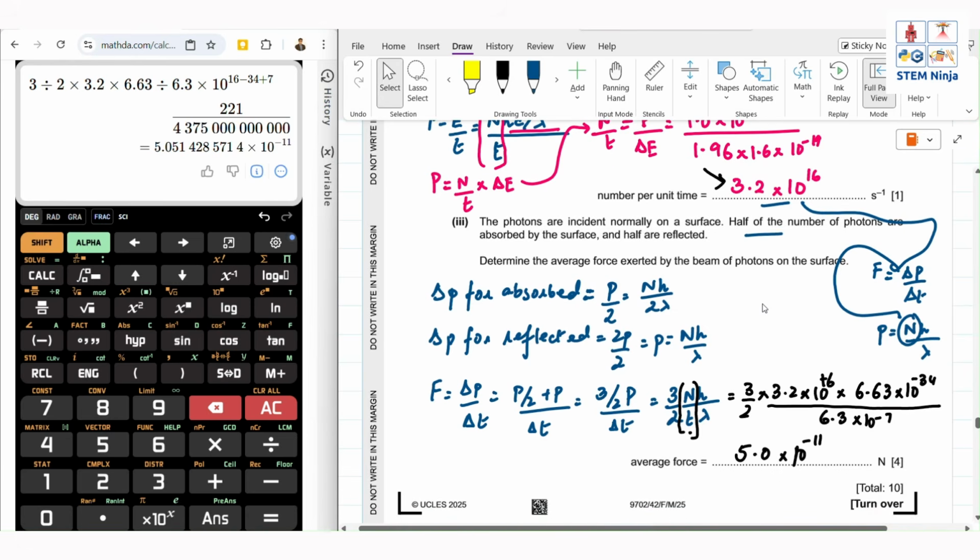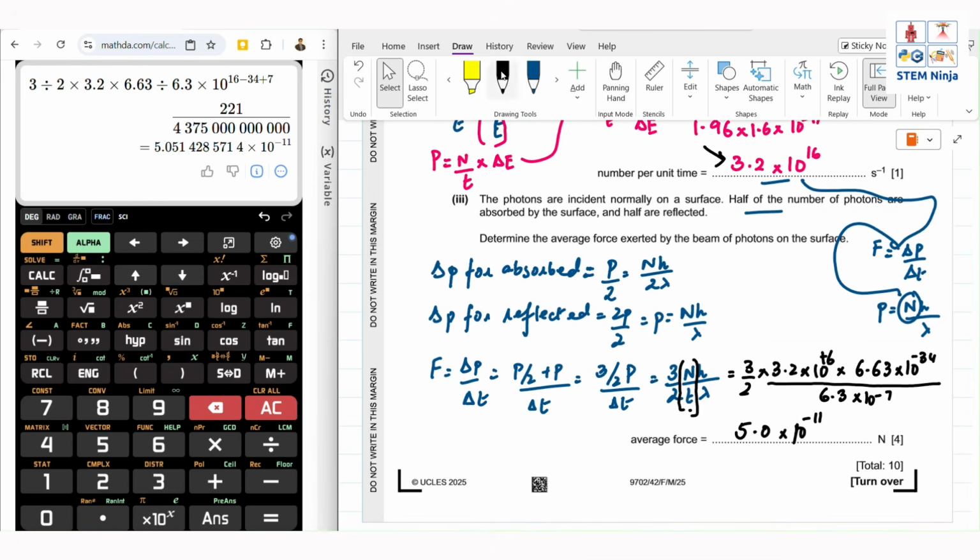Right, okay. So just to recap, this P and this P are important. So for absorbed, you have U over here, but V is 0. So it's just V minus U, or just MU, basically.